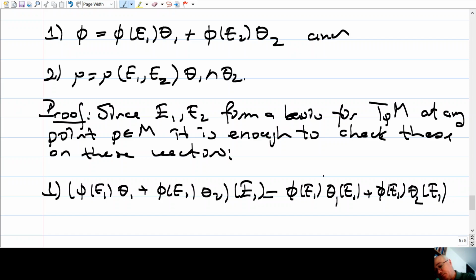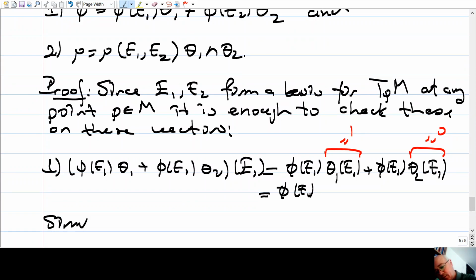But I know that these are dual vectors, right? So this is 1 and this is just 0. Therefore, the result is just phi of E1.